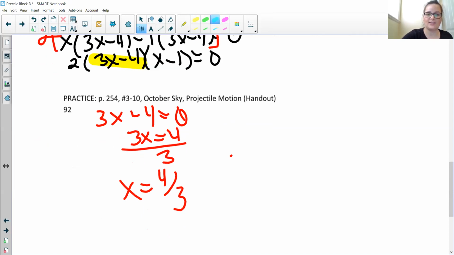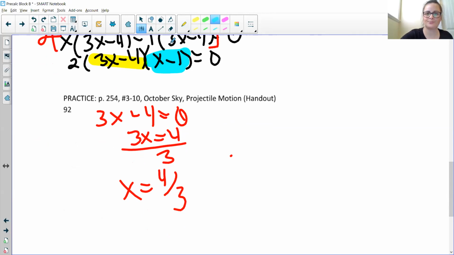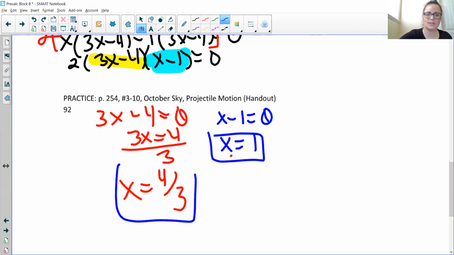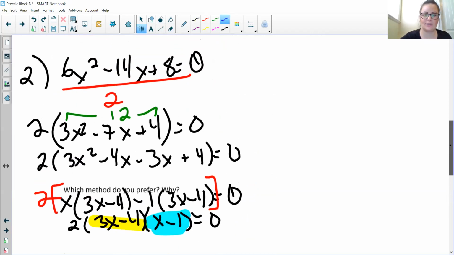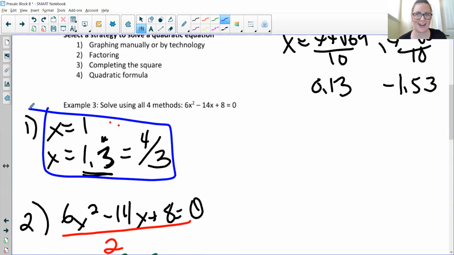I also have this as a possibility of equaling 0. So if x minus 1 equals 0, I add 1 to both sides and I get x equals 1. So there I go, I've solved it, and look at that. Same answers I got by graphing.